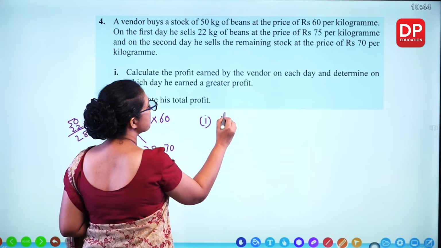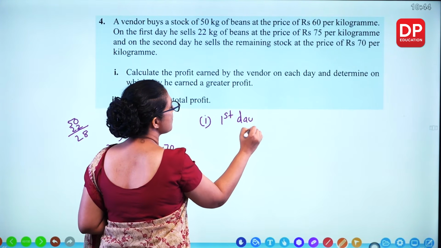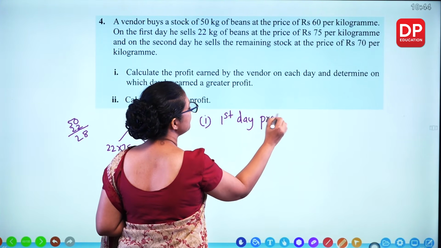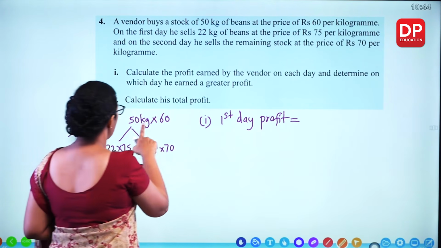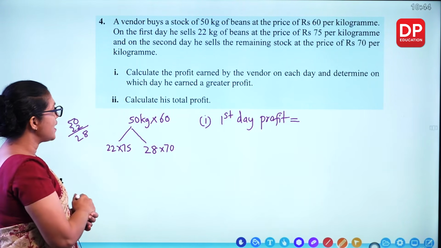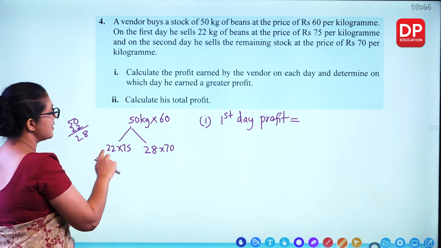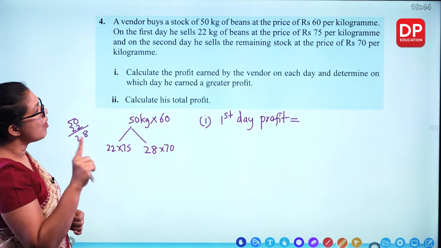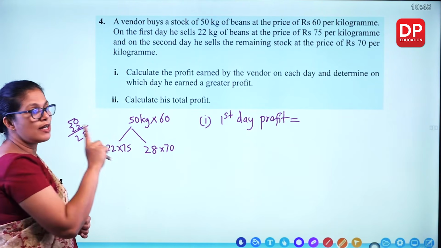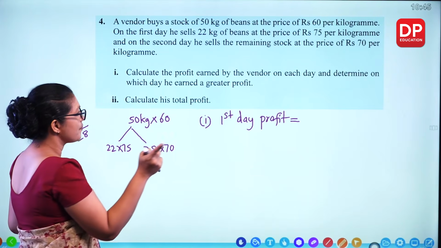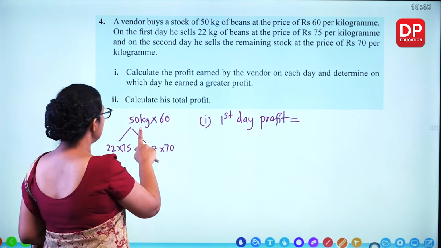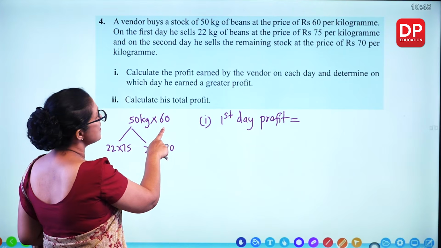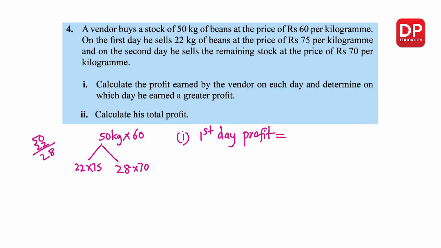Okay, first day profit. What's the buying price is this, and we'll take for each one, not for all, because only 22 kilos on the first day. So we'll take for one. So buying price is 60 and selling price is 75. So 75 minus 60, that's 15 rupees.